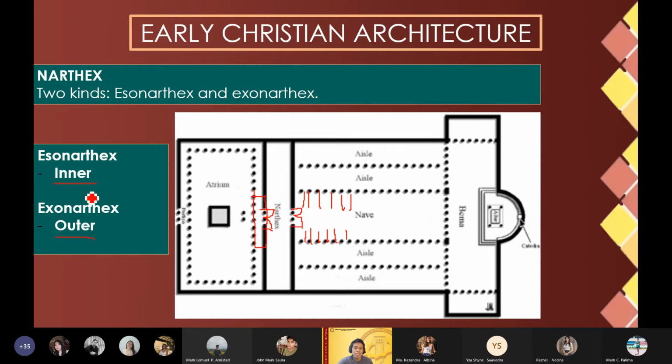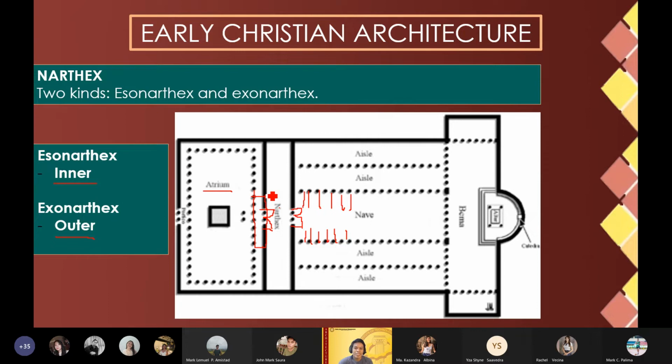Usually, you could see exonarthex or the outer narthex if there's an atrium. If naay atrium, like kanang big open space, you can see an exonarthex or the outer narthex. But if wala gani, like nigsud ka sa door, nave dayon na siya, wala kay exonarthex. Only the inner narthex or the esonarthex.